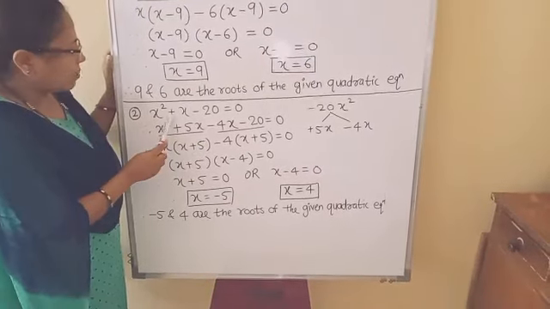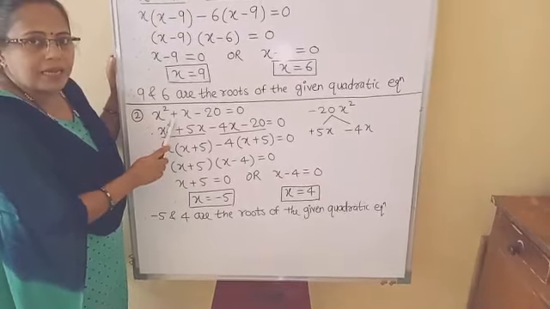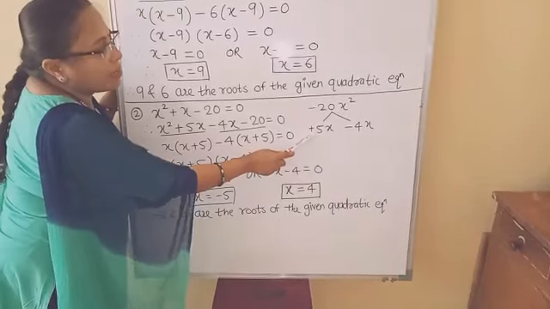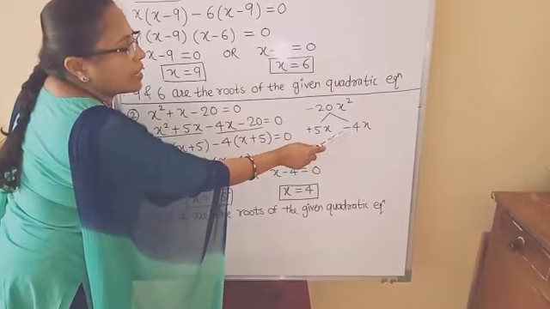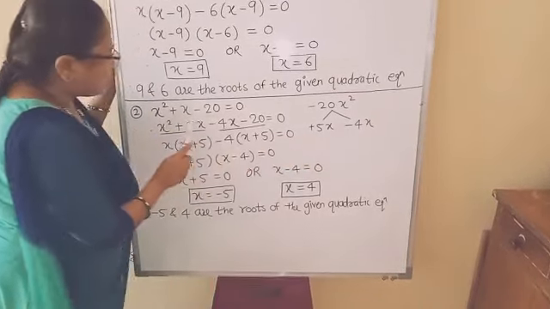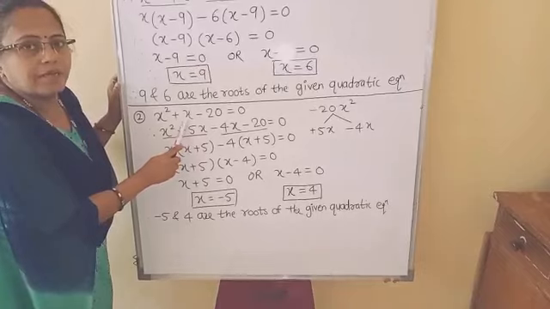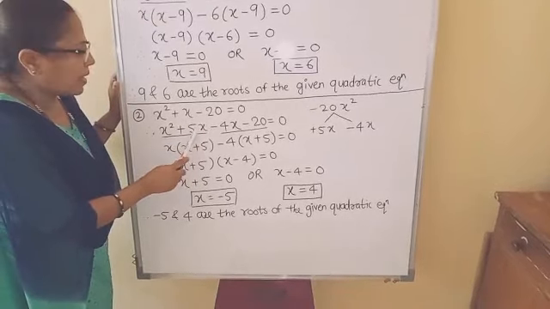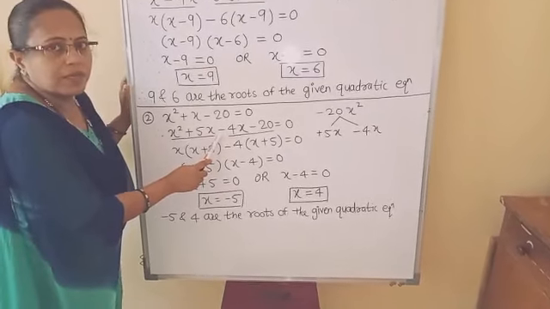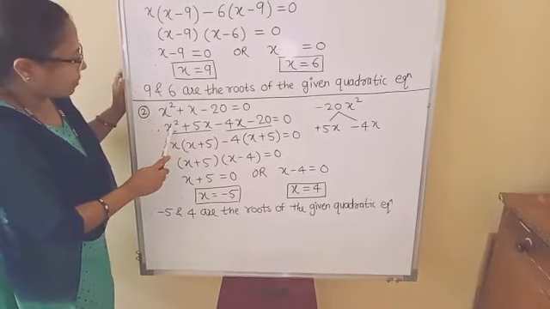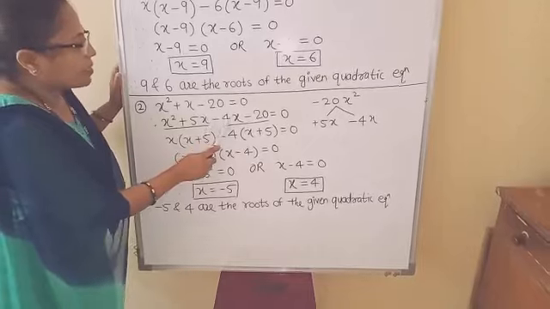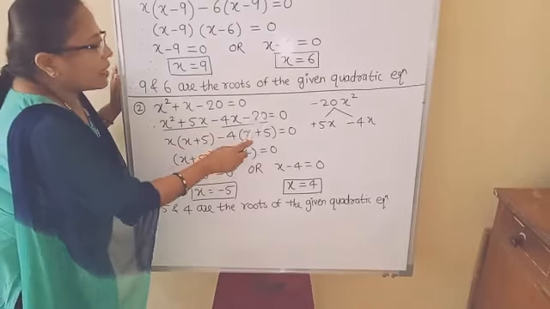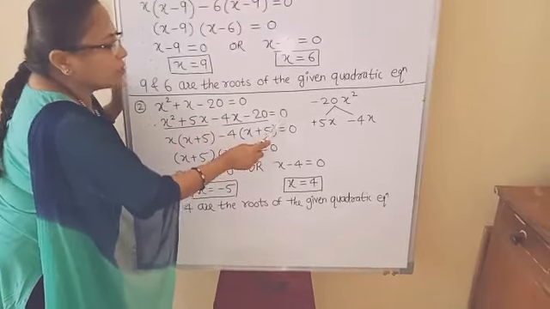Now, here the middle term has a plus sign, so we will give the plus sign to the greater factor and the other factor gets the minus sign. So we will split the middle term using the factors plus 5x and minus 4x. So our step is x square plus 5x minus 4x minus 20 equal to 0.